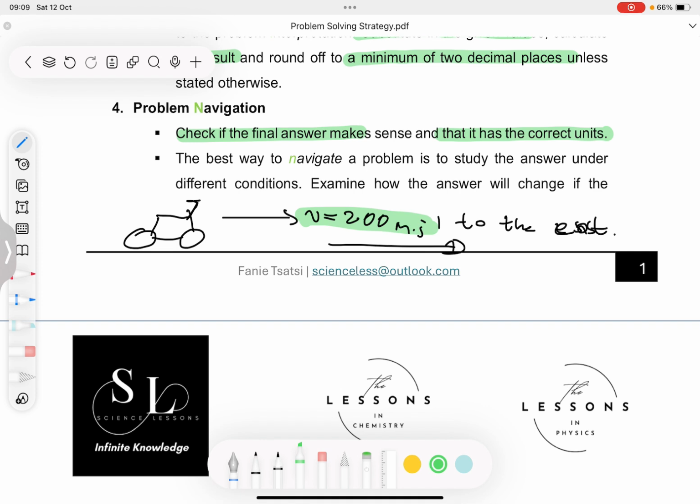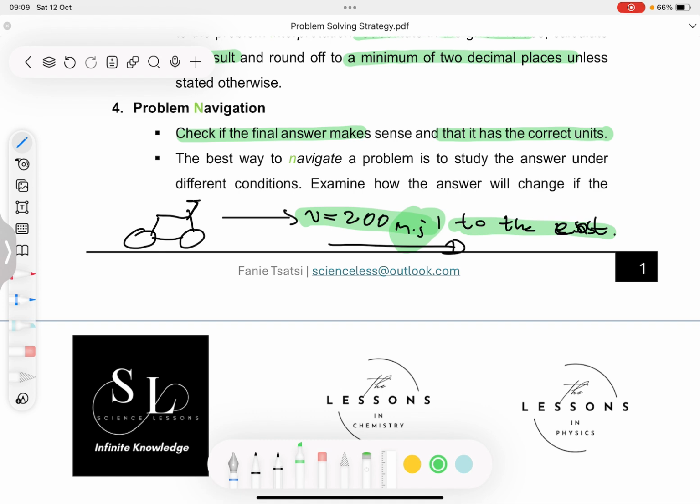And also another thing is that when you check direction, we use negative and positive. I'll talk more about that when we do vector quantities versus scalar quantities. So sometimes when you check your direction, you find that maybe you expected your answer to be to the west, right? Then maybe that's a problem, so you have to check that. And also the SI units are there. You have to check if they're correct as well.